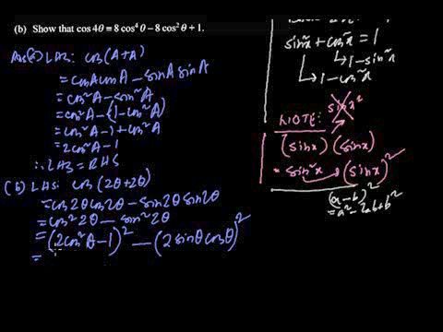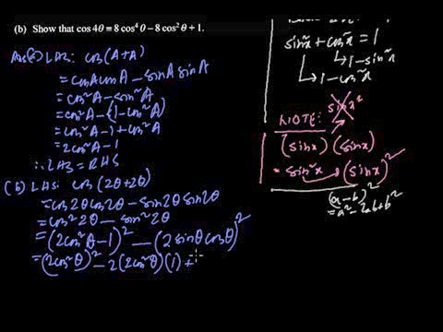For that case, a squared is going to be 2 cos squared theta whole squared, minus 2ab. So 2 cos squared theta is a, and b is 1, plus b squared, plus 1 squared.